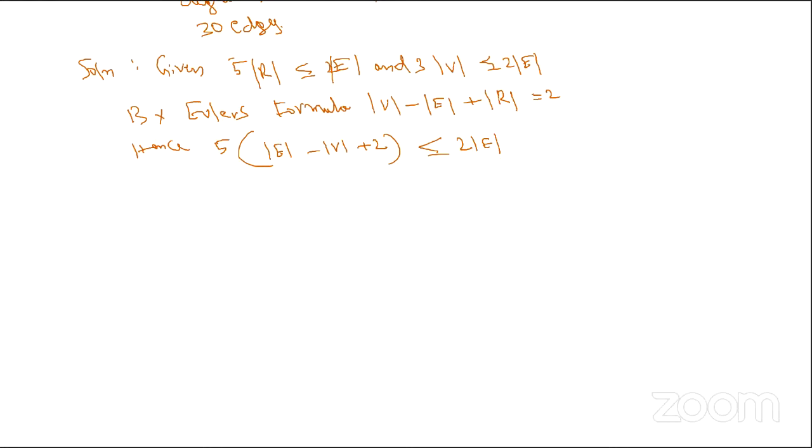So that implies 5 edges minus 5 vertices plus 10 is less than or equal to 2 of E edges.